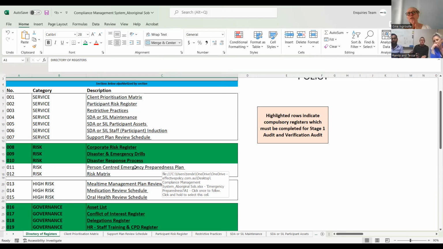So the way to determine whether you have a responsibility for the larger, more comprehensive PCEPP, is to say, if something goes wrong in this house, will I be held responsible for what happens to that person? Fire, electricity outage, flood, all of that. Okay, yeah, that means that we would. Lots of fun.